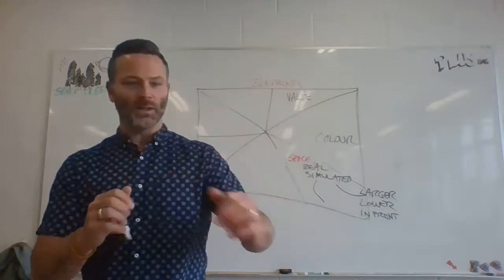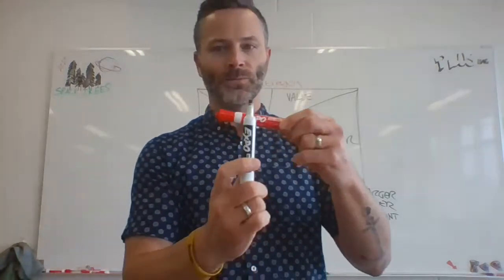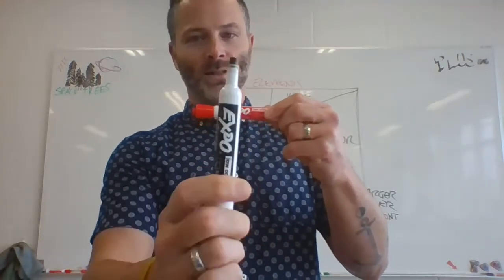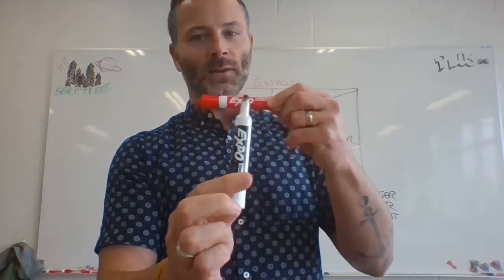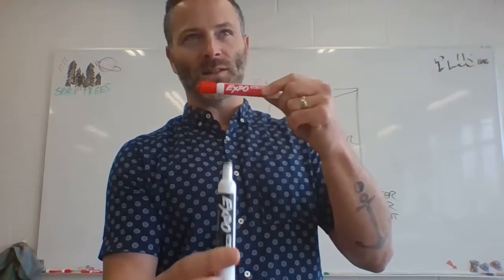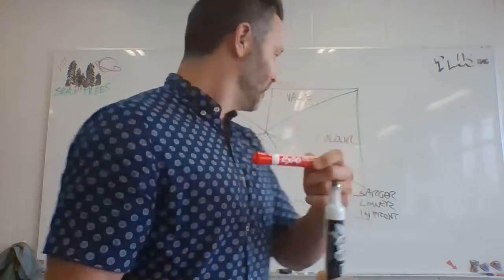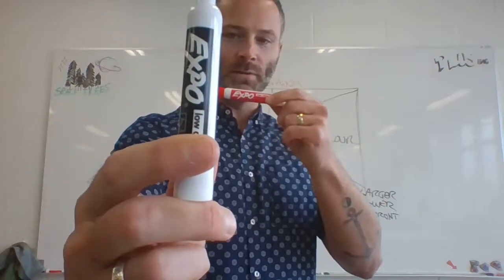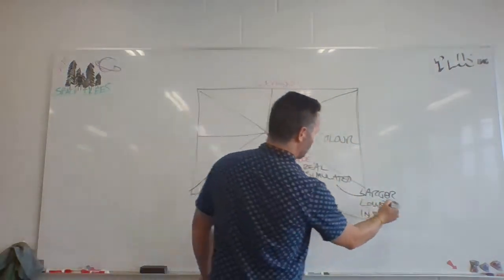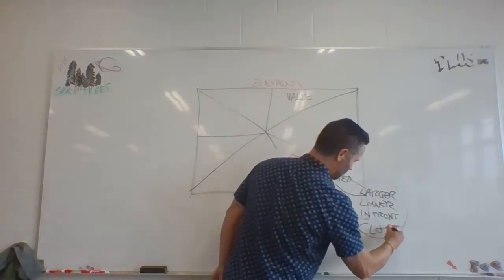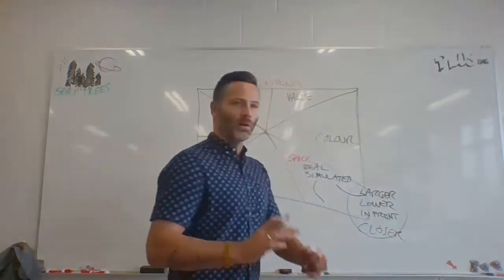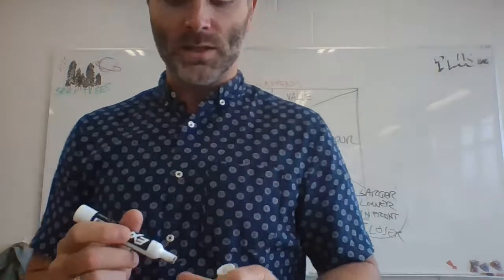So if it's something that's looking at the screen right now, if it's in front, then it's closer. That's a rule of perspective. If it's lower on the page, we interpret that as closer. And obviously, if it's larger, then it's closer. So this all makes the illusion of space.